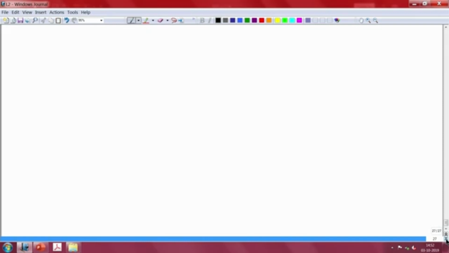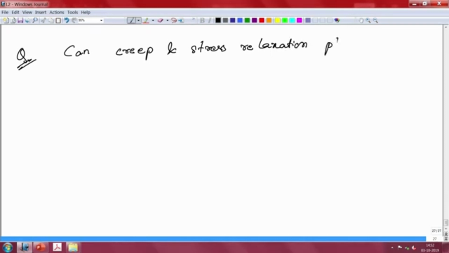So, the question that we want to ask right now is: can creep and stress relaxation phenomena be used to define material properties?